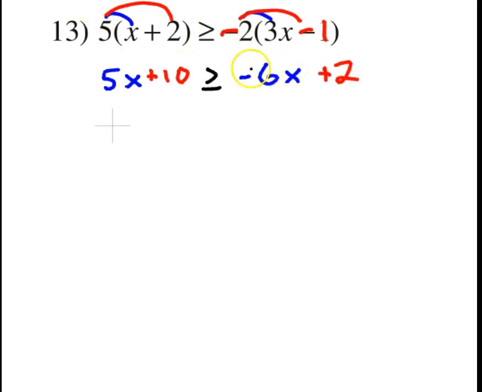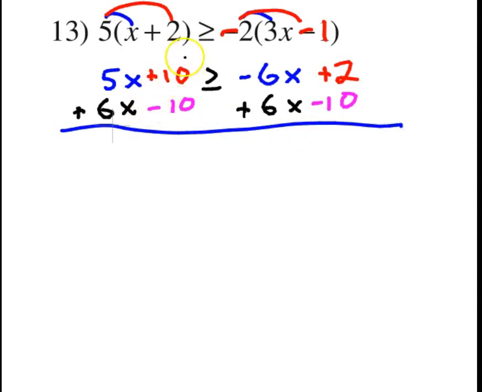And again, we have a variable on the right-hand side, so start there. Do the opposite. Add 6x to both sides. Go to pink and subtract 10 on both sides. So we got 10's canceling out. 6 minus 6 cancels out.